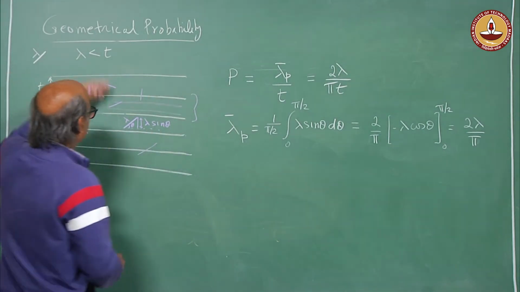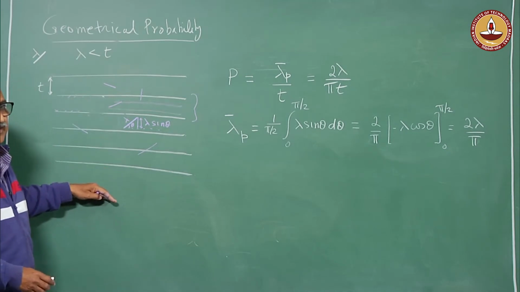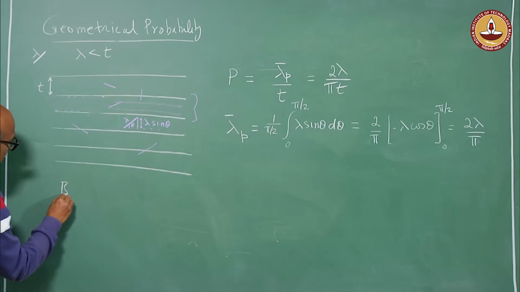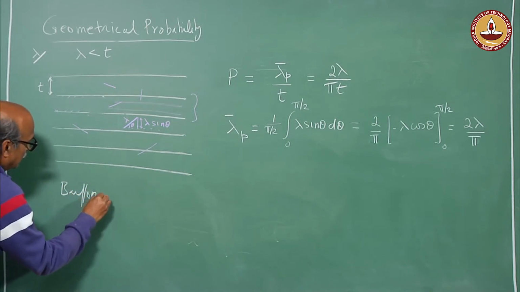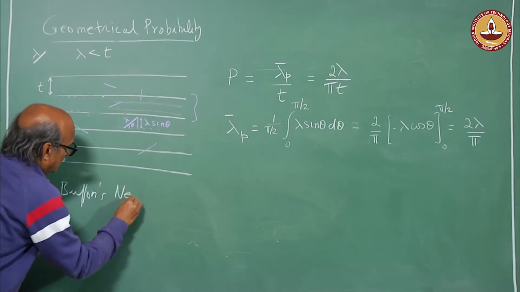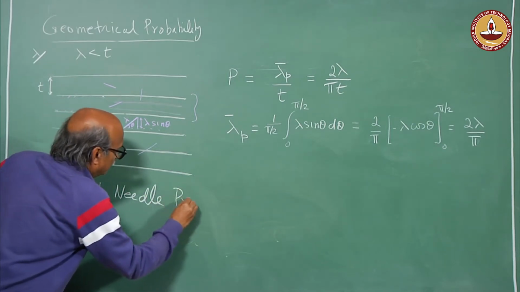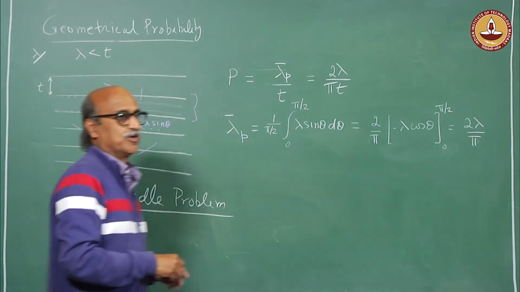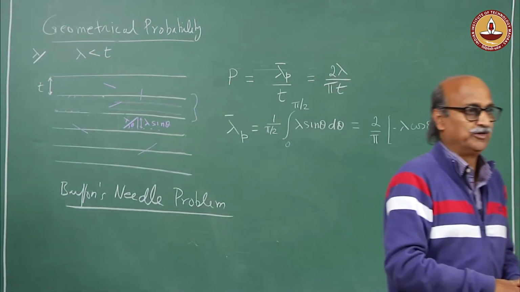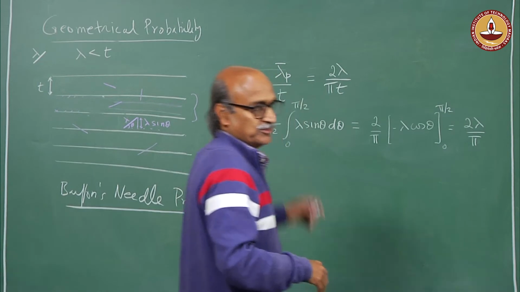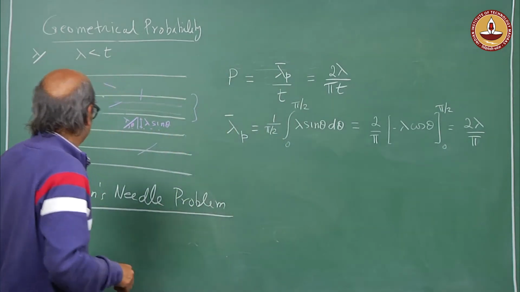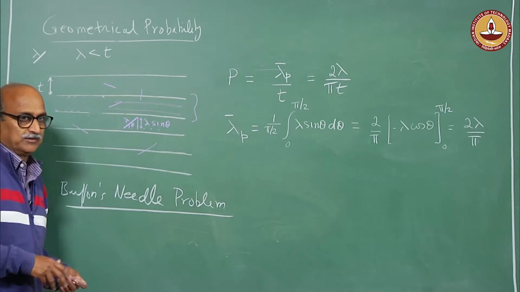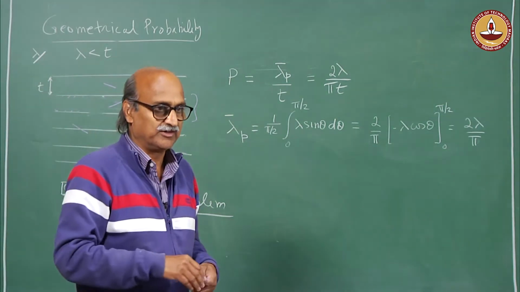Incidentally, this particular problem is famously known as Buffon's needle problem. In fact, you can Google it, you will be able to see this particular problem explained. This is a very old problem dating back to late 1700s.